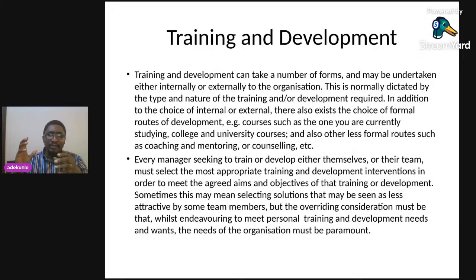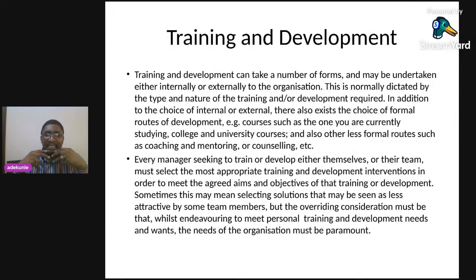As a manager, you must understand that every manager is seeking to train or develop either themselves or their team. And in order to do that, they must find a way to select the most appropriate training and development intervention method, in order to meet the agreed aims and objectives of the training and development.